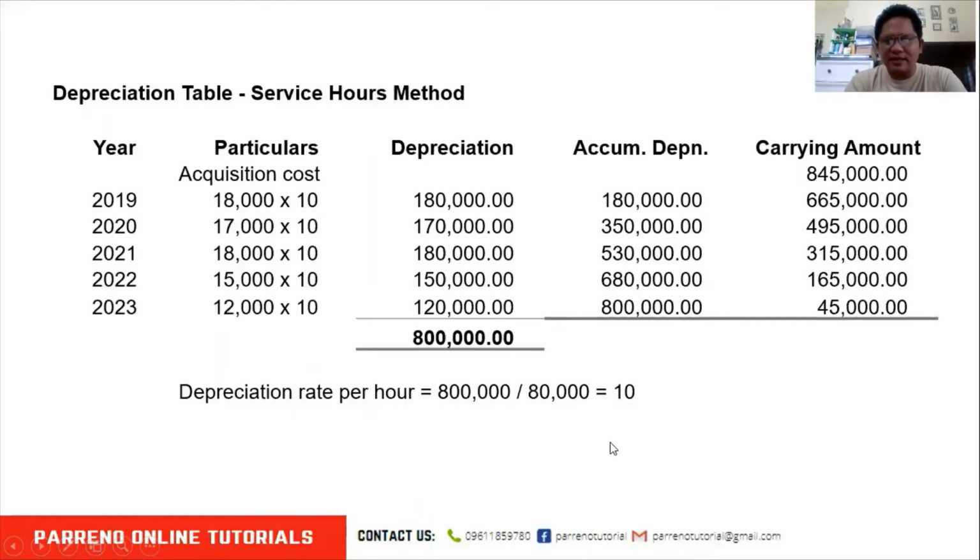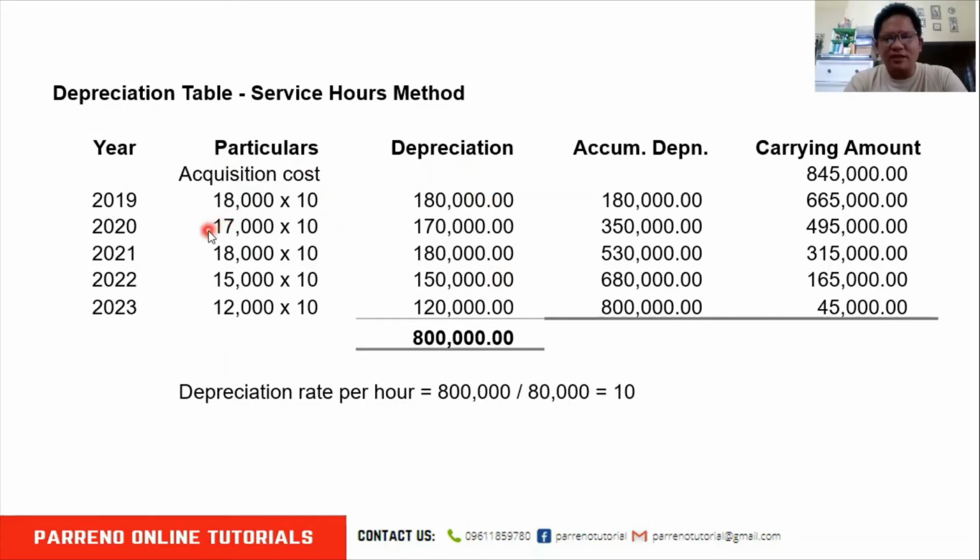So you get 10 pesos per machine hour. Now, for all these years, the number of hours times the depreciation rate, which is 10 pesos, that we got just now, is equal to the depreciation expense for that year.